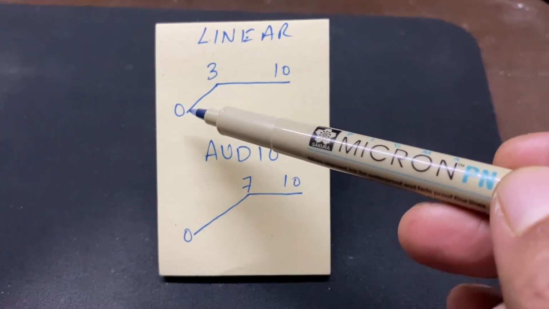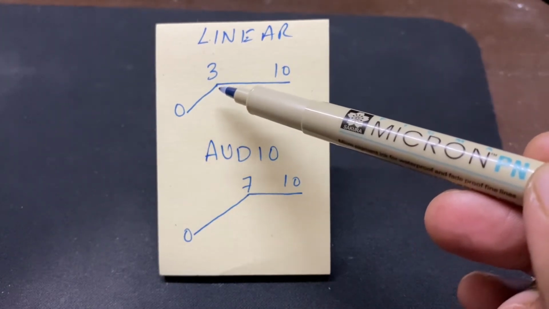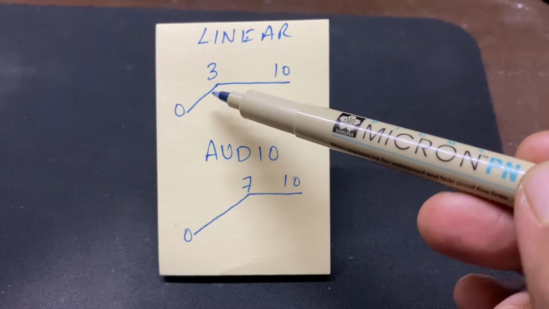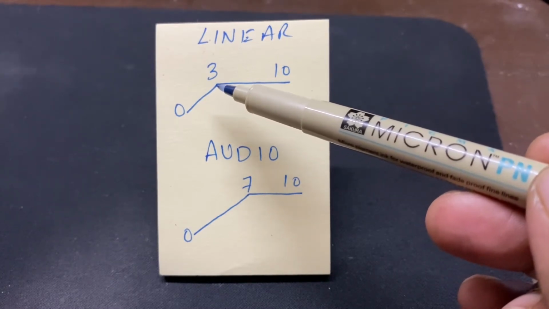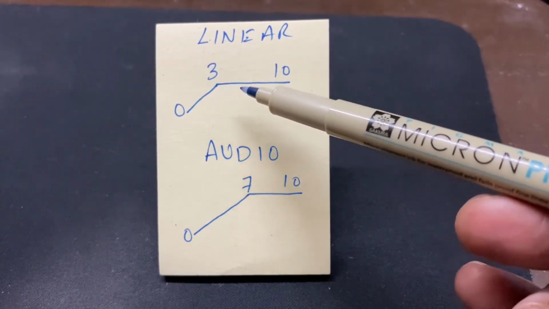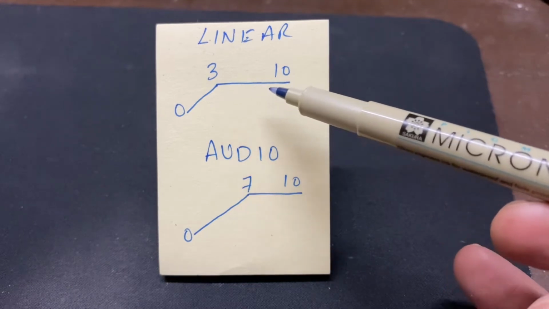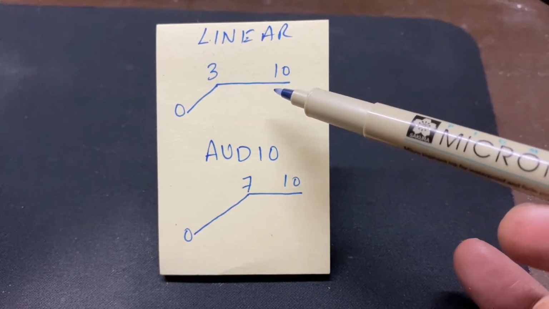The moment you move from 0 to 3, it would have the maximum effect on volume or whatever it is meant to do in that particular circuit. And from 3 to 10, it would pretty much be flat. It would not have a lot of effect. It would just be constant.